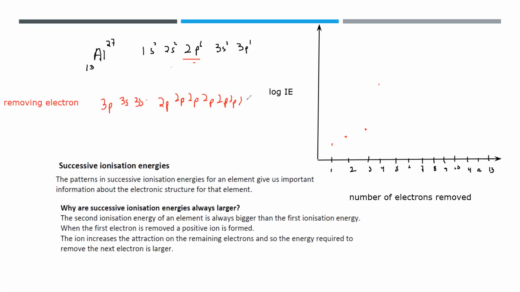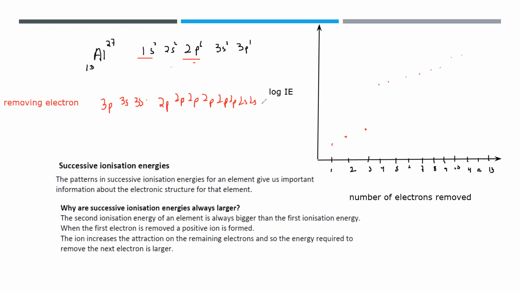And then you remove from 2s and 2s. So 2p, 2p, 2p, 2p, 2p, and 2p. And then you remove electron from 2s. There will be a gap, but not too big a difference. And then you remove from 1s.